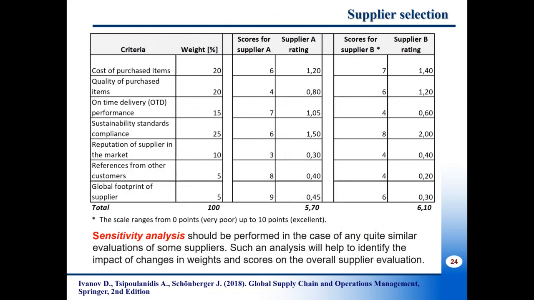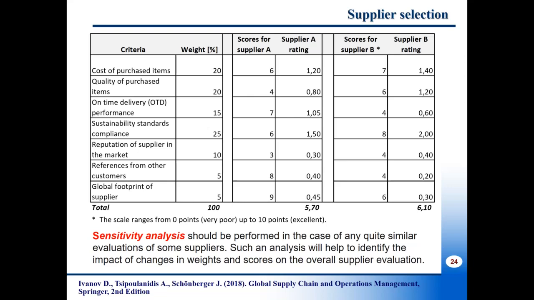There are 6 success factors of supplier selection. Each of those factors has a specific weight of importance to both supplier and buyer. For instance, cost of purchase items gives 20% contribution to the success of supply process, and so on.